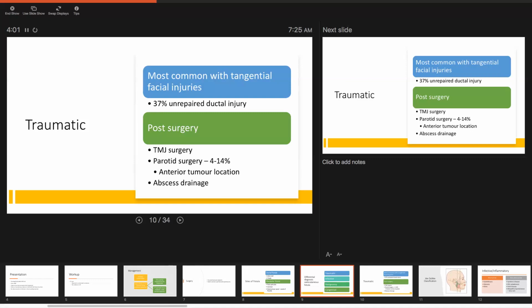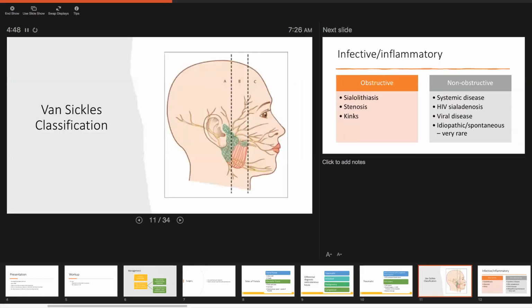The risk is higher with tumors located quite anteriorly and close to the duct. And then also reported post facial abscess drainage. So classification for ductal injuries is the Van Sickels classification: A being pre-masseteric, that's usually the intraglandular duct, B being the duct over masseter, and then C just after the masseter muscle.